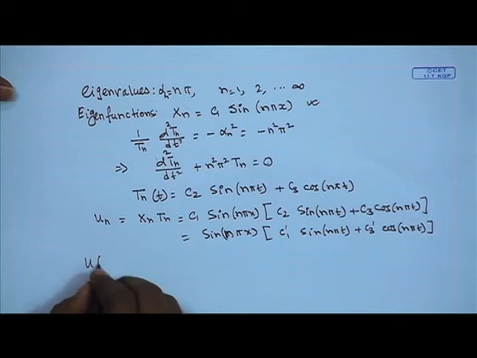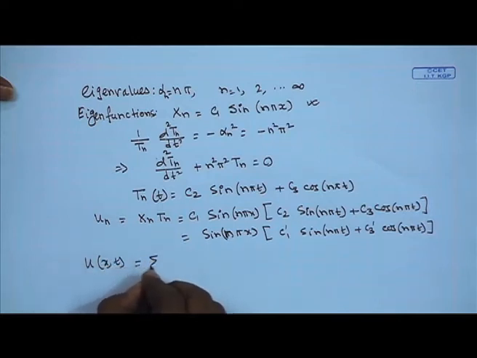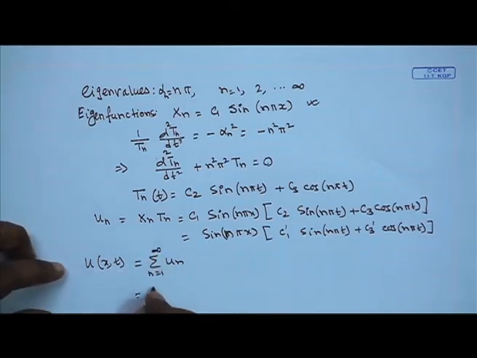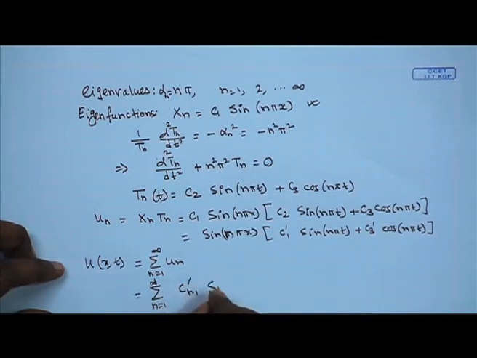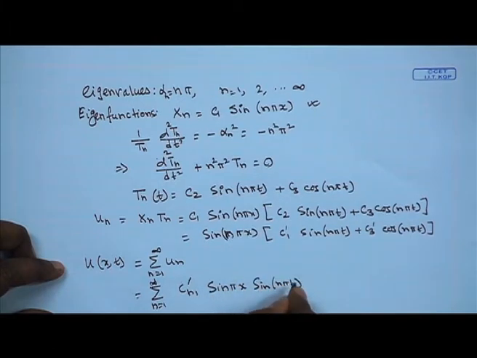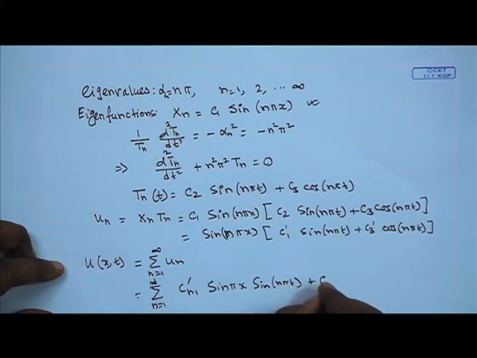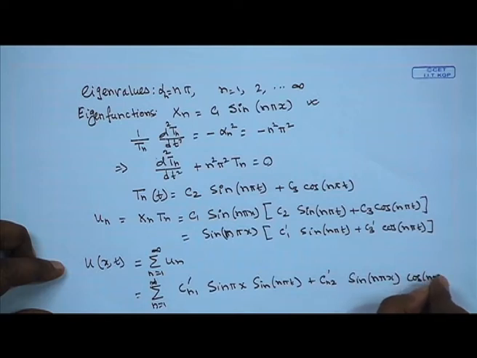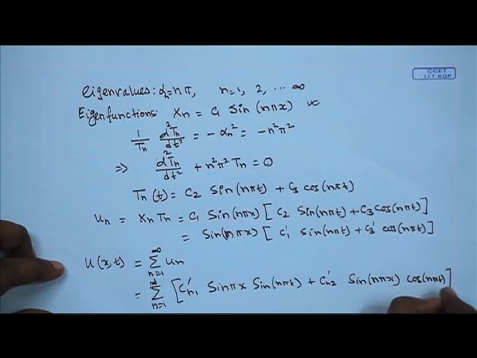So, the complete solution, superposing all the solutions, becomes the summation from n is equal to 1 to infinity of Cn1 prime sin n pi x sin n pi t plus Cn2 prime sin n pi x cosine n pi t. So, that gives the complete solution.